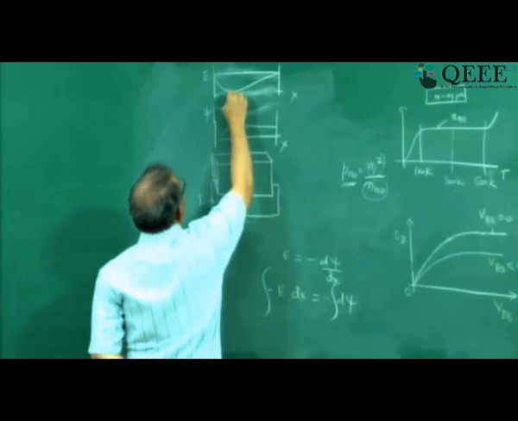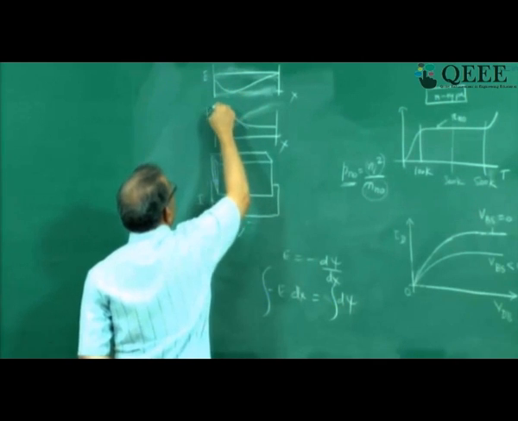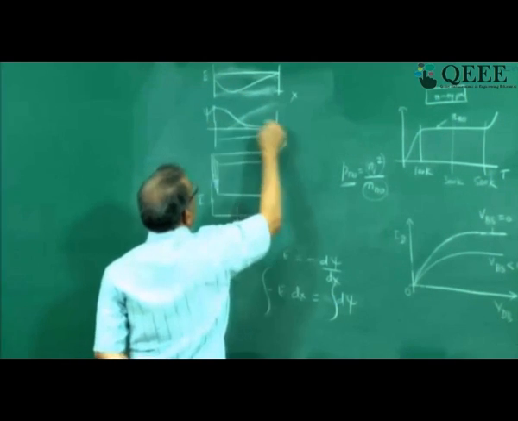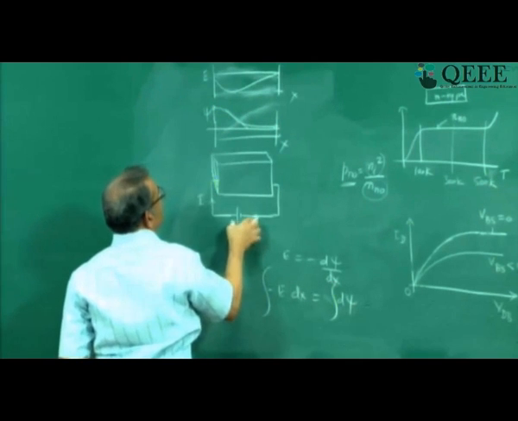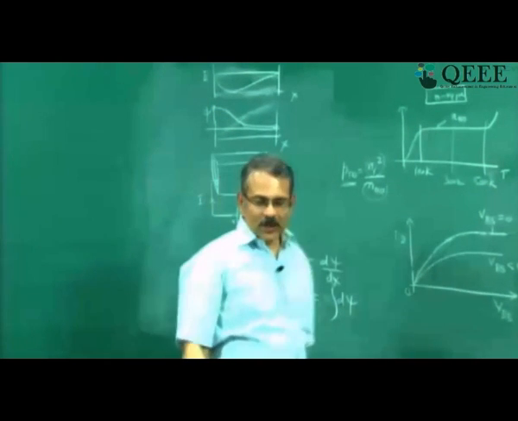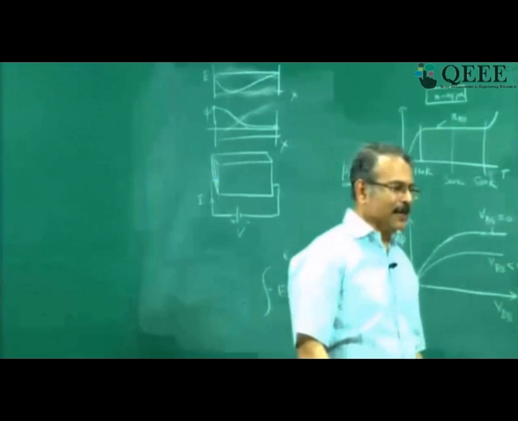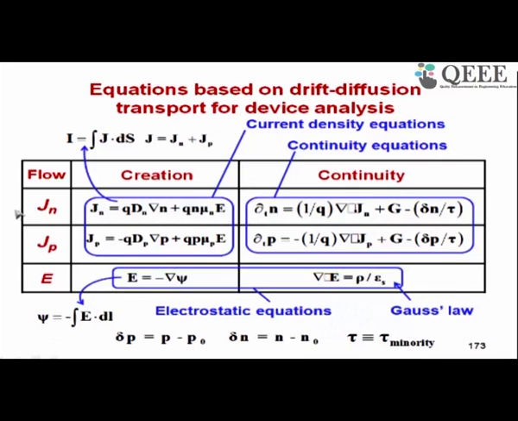Okay, when you integrate this field, you get the potential, and when you take the difference in these two potentials, you get the applied voltage. So that is how, based on the internal picture of the device, that is current density and electric field, you can get the current versus voltage characteristics.